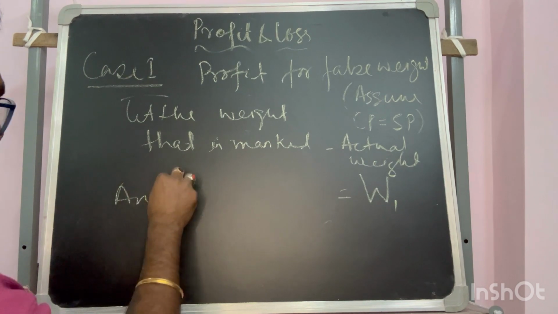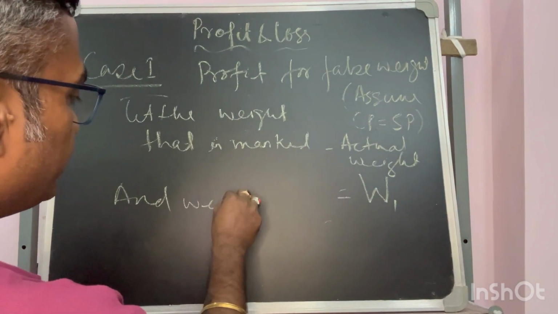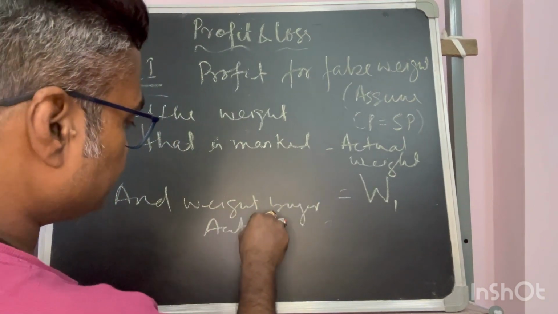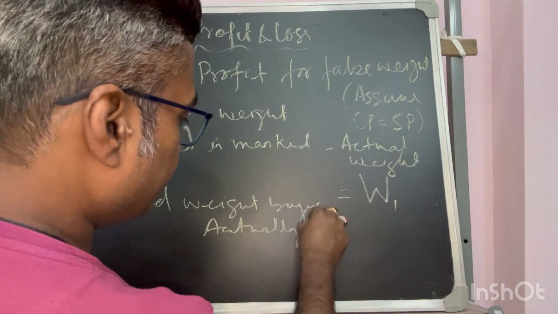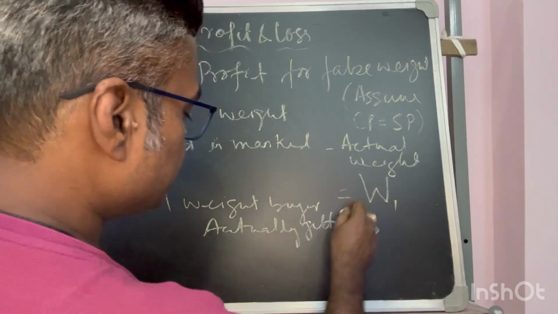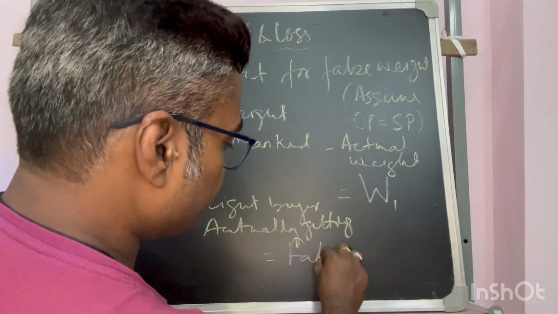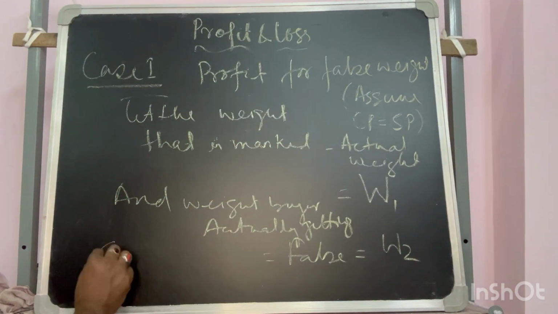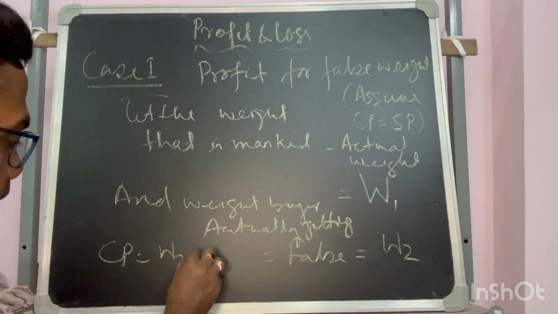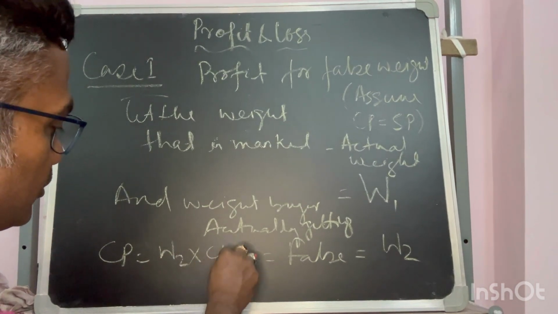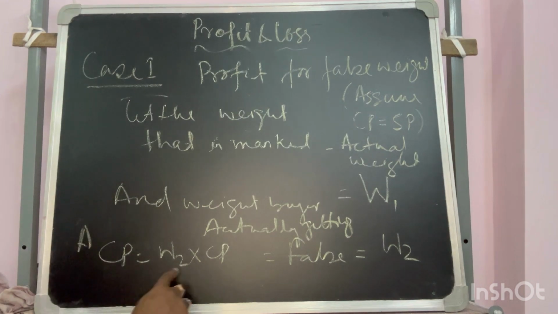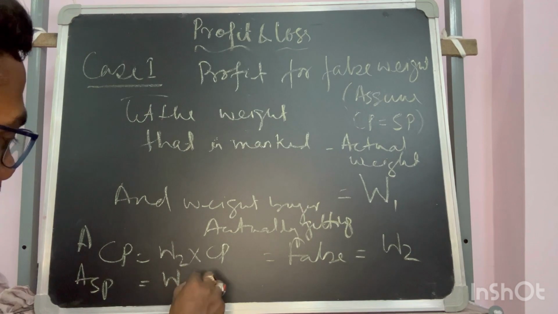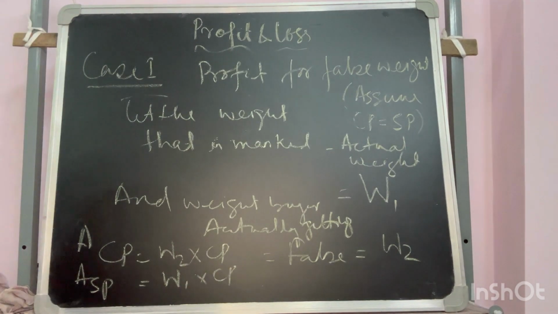and the weight the buyer is actually getting, the false weight, be W2. So the actual selling price is equal to the weight shown to the buyer, W1, into the cost price.